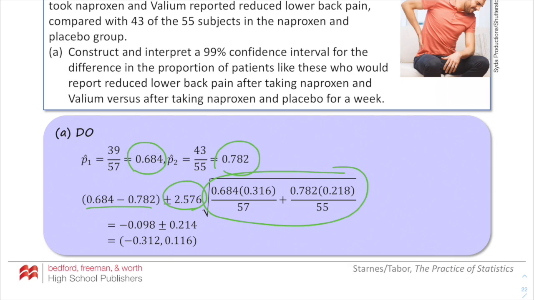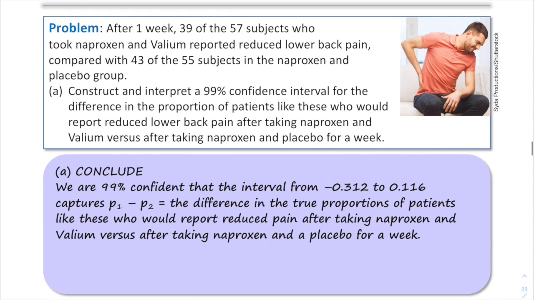So it gives us a final interval of negative 0.312 to 0.116. So we can conclude by saying we are 99% confident that the interval from negative 0.312 to 0.116 captures the difference in the true proportions of patients like these who would report reduced pain after taking naproxen and Valium versus after taking naproxen and a placebo for a week.